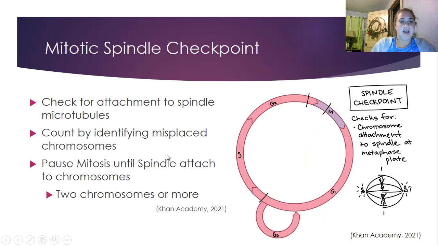Right, the mitotic spindle checkpoint. At the mitotic spindle checkpoint, the cell checks to see if the sister chromatids are attached to the spindle microtubules. The chromosomes must be securely attached to the spindle fibers from opposite poles. So again, one on top, one on bottom.